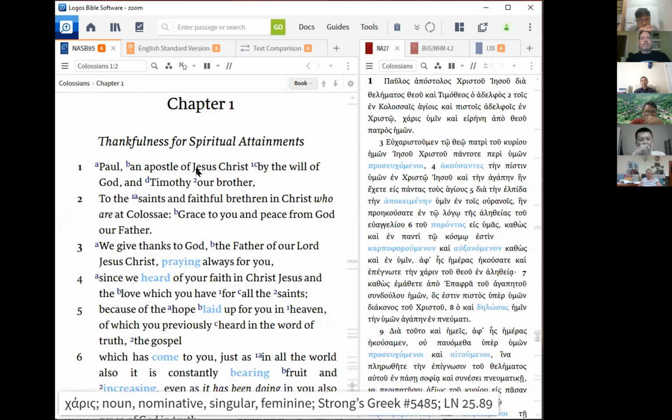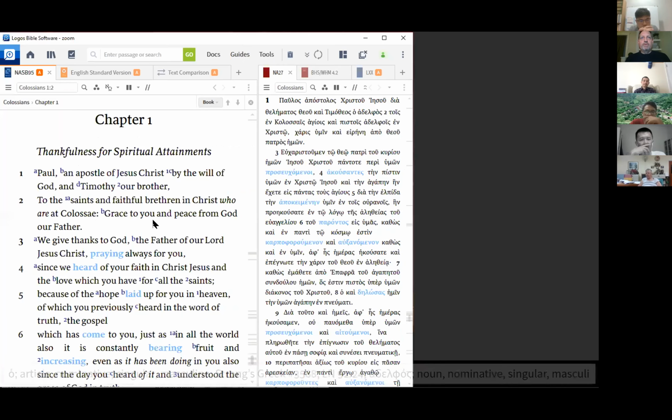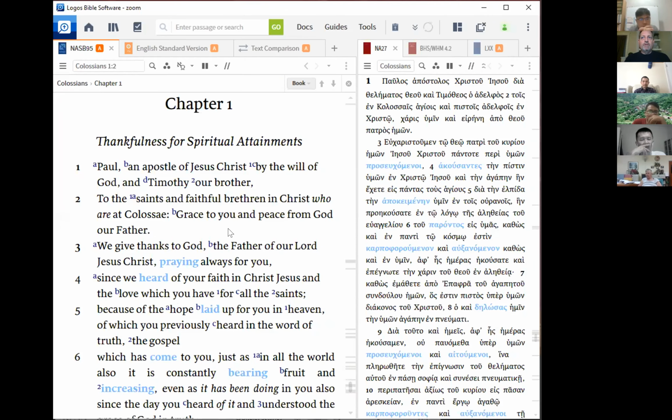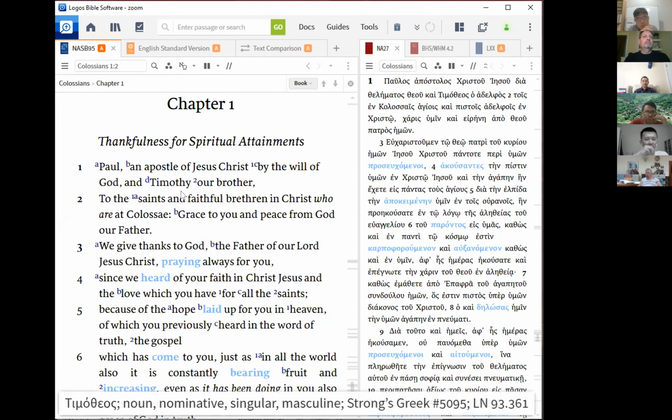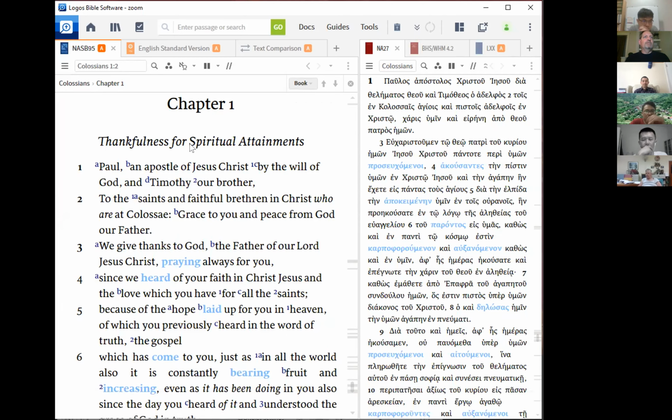Can you see my Bible software on your screen? I have my Logos open. Okay, now notice here, there are sometimes words that are italicized. All right, can anybody see some in the first few verses there? This is Colossians 1.